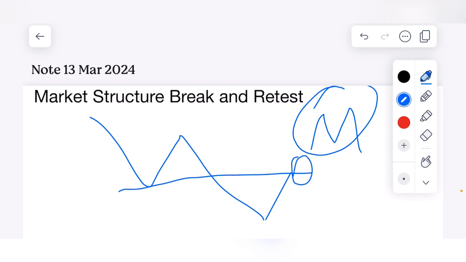Look for a double top in a bearish market, and then you look for a double bottom in a bullish market.